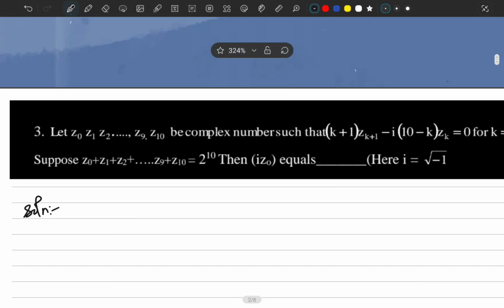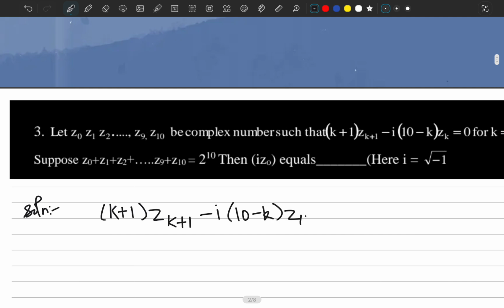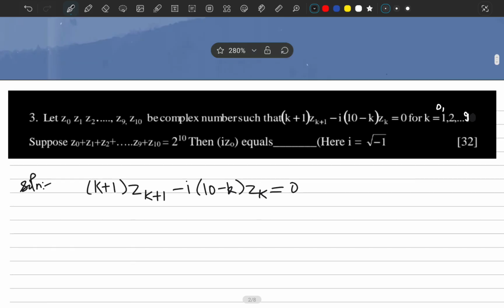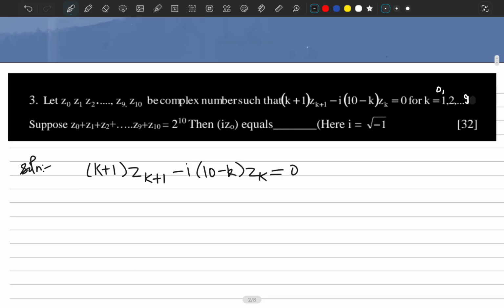So we have a recurrence relation here. Let me just write it. So this is a recurrence relation.